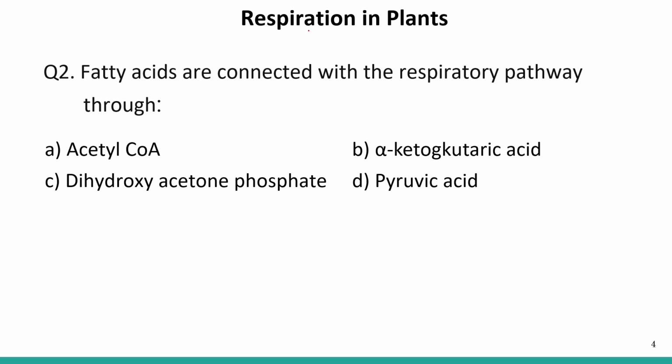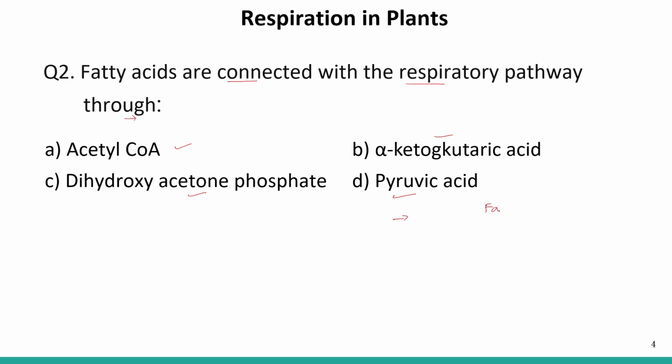Now coming to the next question: fatty acids are connected with the respiratory pathway through, okay, these are the options: acetyl coenzyme A, alpha ketoglutaric acid, dihydroxyacetone phosphate, and pyruvic acid. Alright, so fatty acids they are asking.